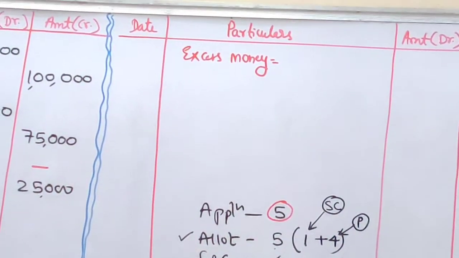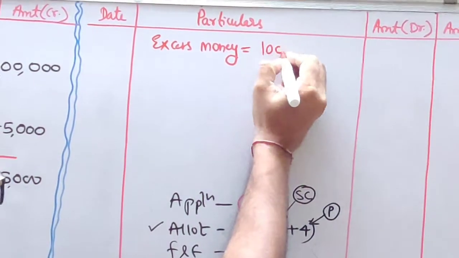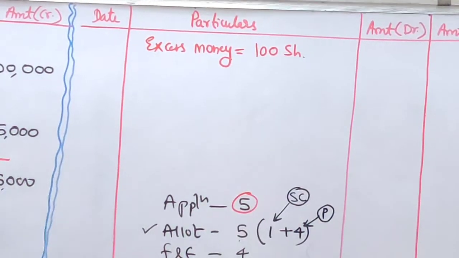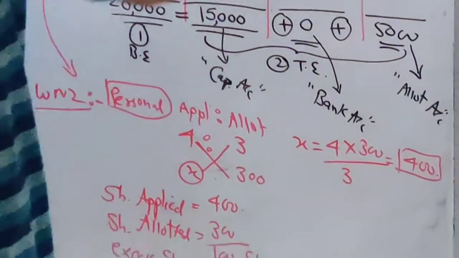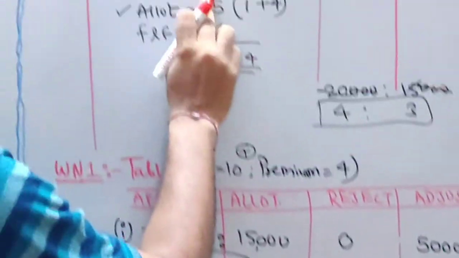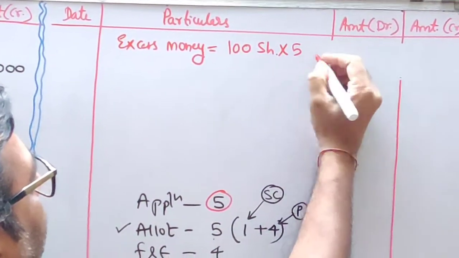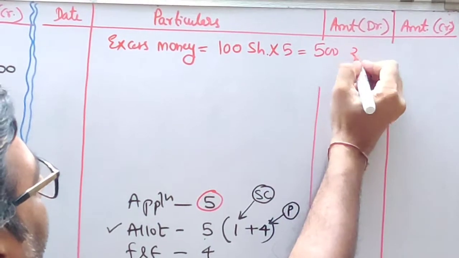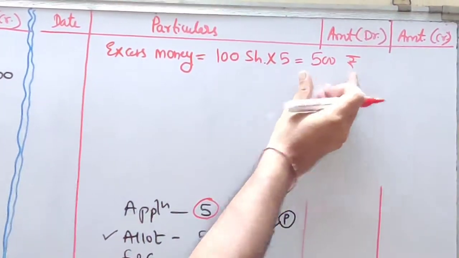How to find this? You have to multiply with the excess number of shares. The excess number of shares is 100. You will multiply this with the application money which is 5 rupees. So into 5, this will give you 500 rupees. So this is the excess money which is with the company.